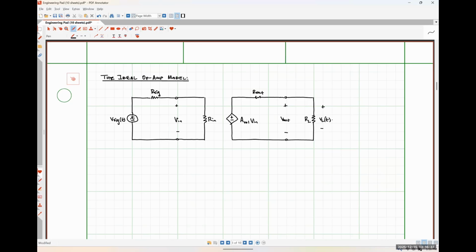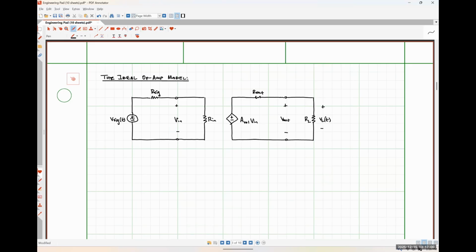So taking things back to the basics with regards to amplifiers, okay. The ultimate goal of this system is that the voltage drop across our load resistance will be a scaled copy of the signal V sig that we've applied over here on the left-hand side, right?